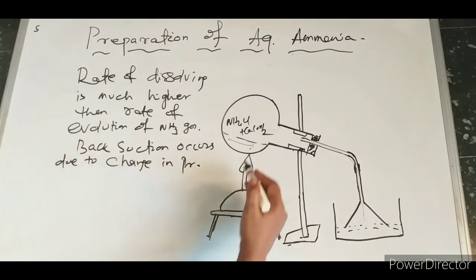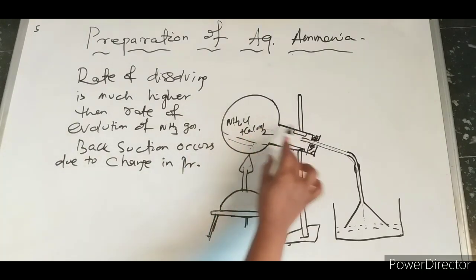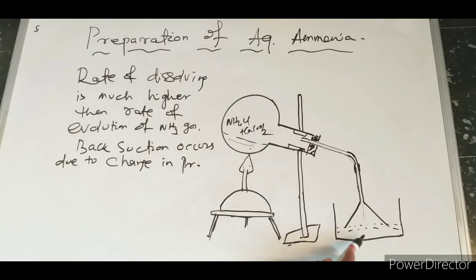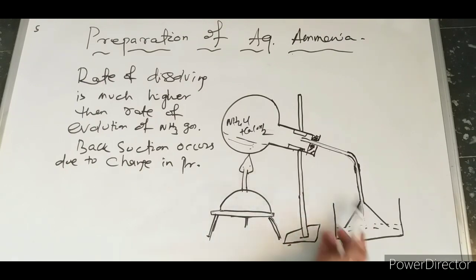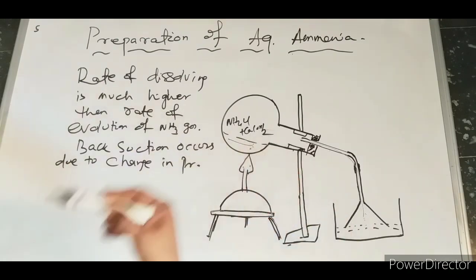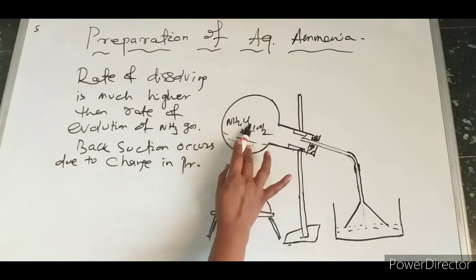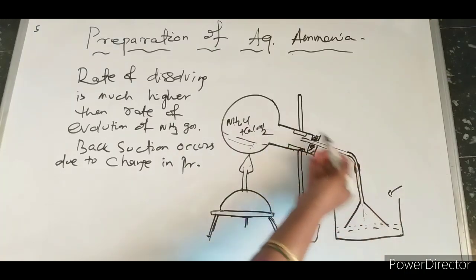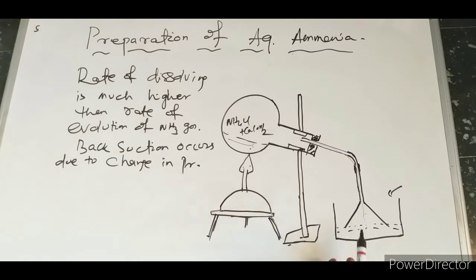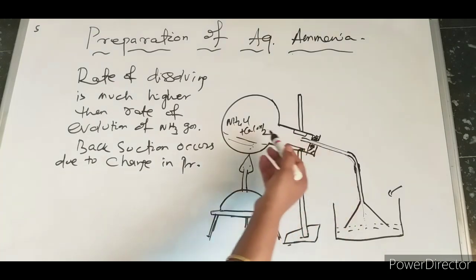Ammonia dissolves in water much faster than it is produced, so a pressure difference is created. This side is at low pressure and the other is at high pressure, because atmospheric pressure also acts on it. That is why the water flows backward and can come here. This is known as back suction.